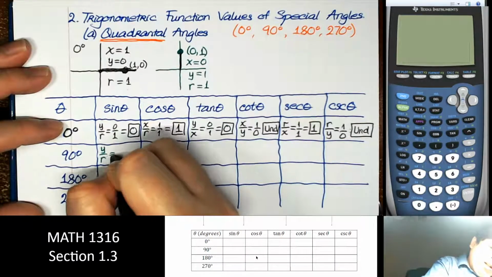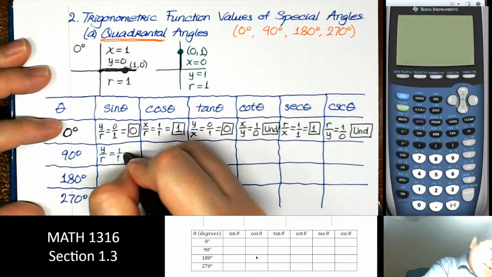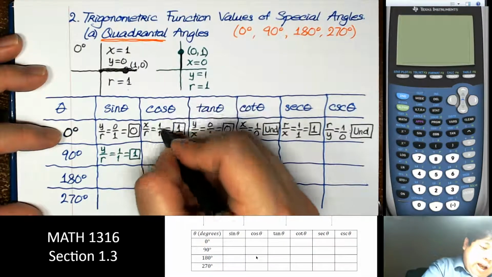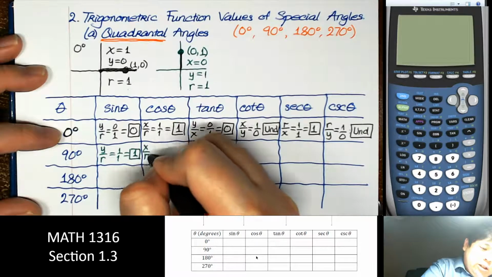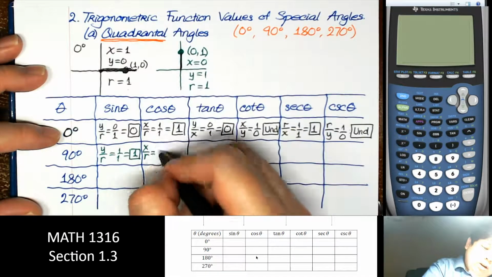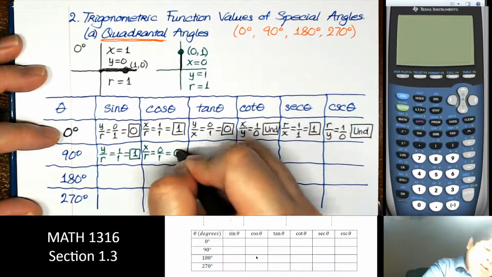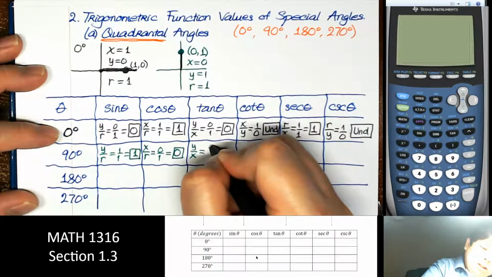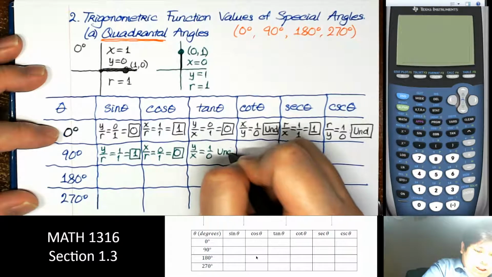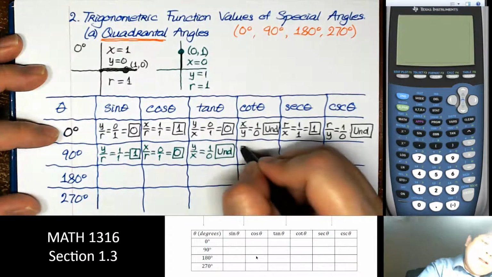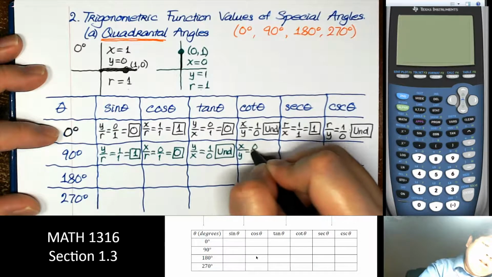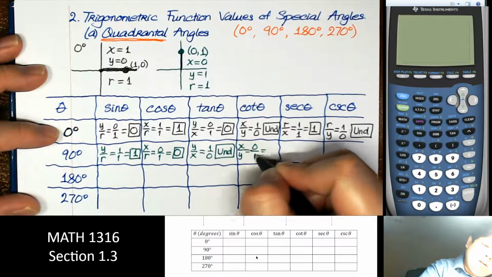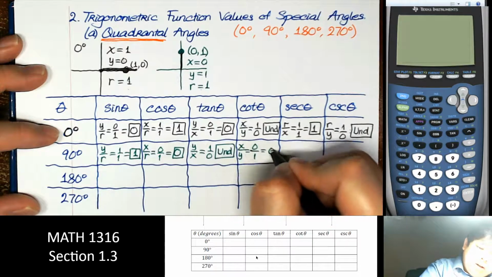Sine is y over r. Cosine is x over r. Tangent is y over x, that is undefined. Cotangent is x over y, which is 0.